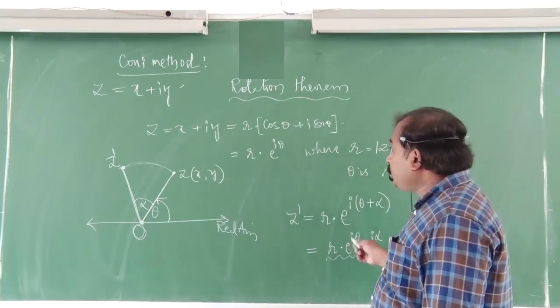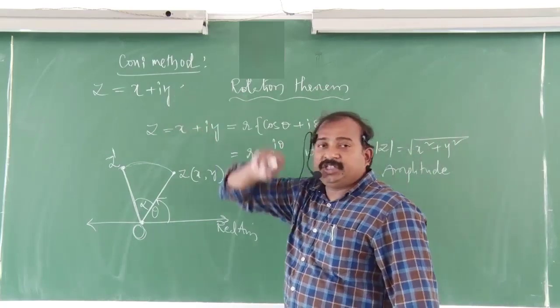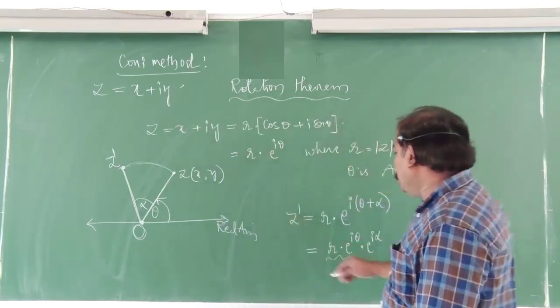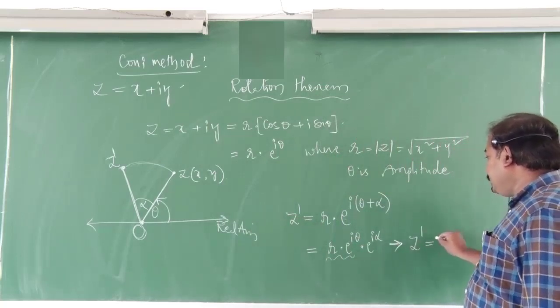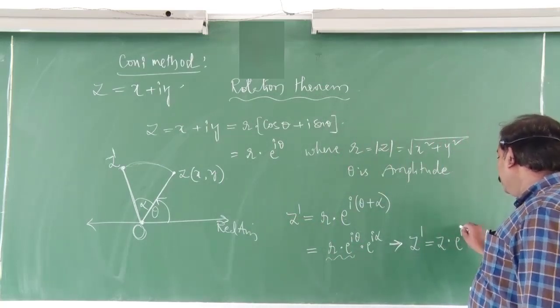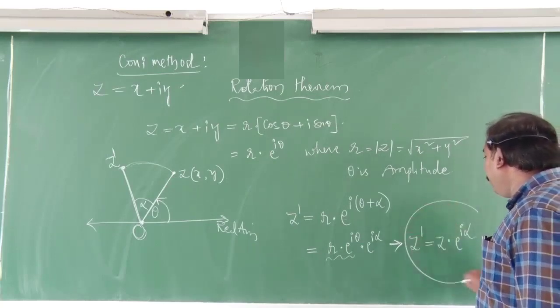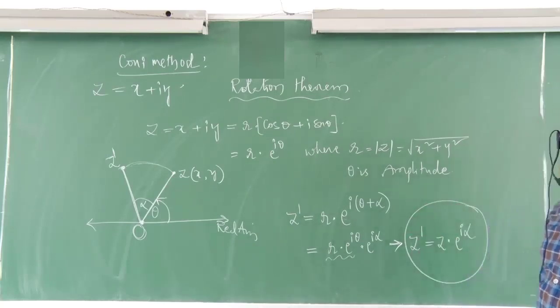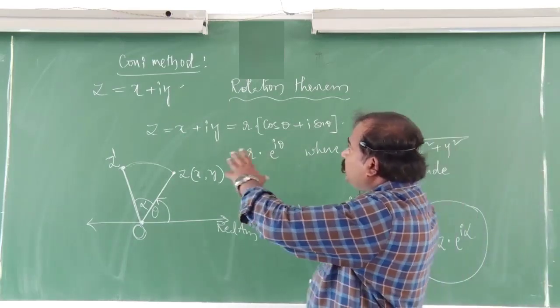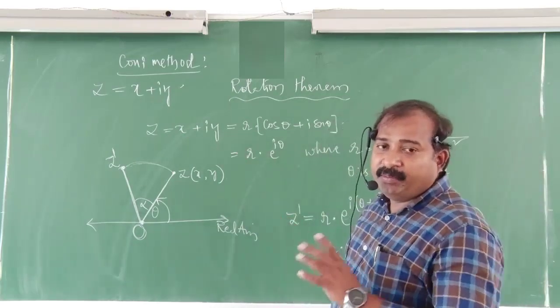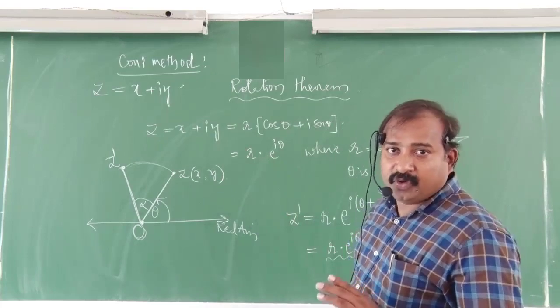It is nothing but z, the complex number. So you will get z dash equal to z into e power i alpha. This is the relation between z dash and z. This is known as the rotation theorem or Coni method. Remember this concept.